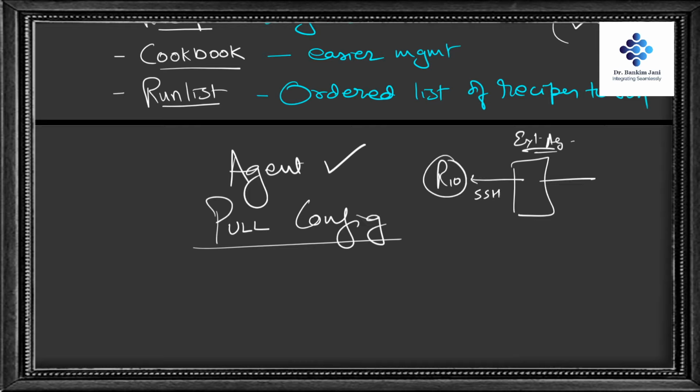So our agent was absorbing this configuration, understanding that specific language. The difference is this is not possible in case of Chef. Chef said, take it or leave it.